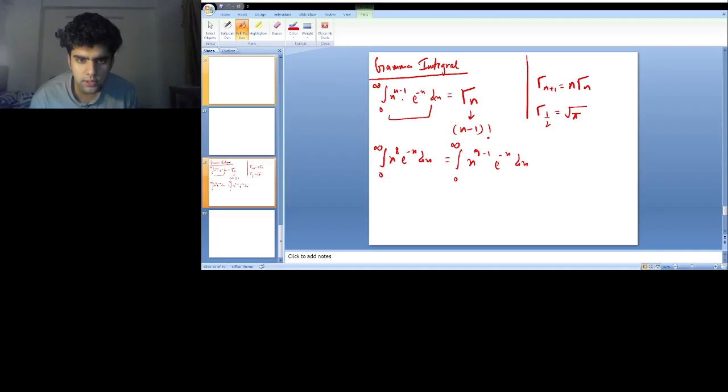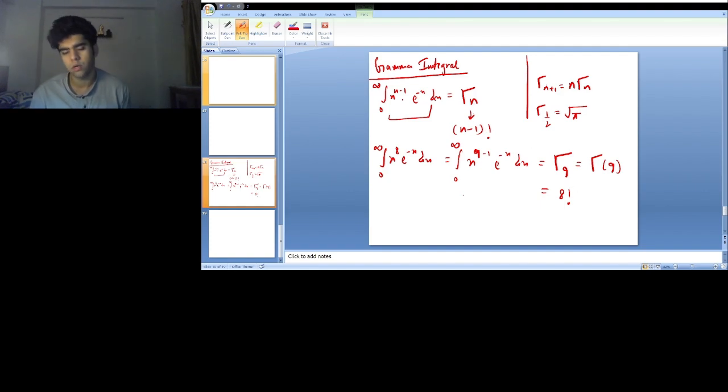This is the same form as above, so I can write this as gamma 9, and the value of this is 8 factorial, since it is n minus 1 factorial. So now these two are the properties that you need to remember.